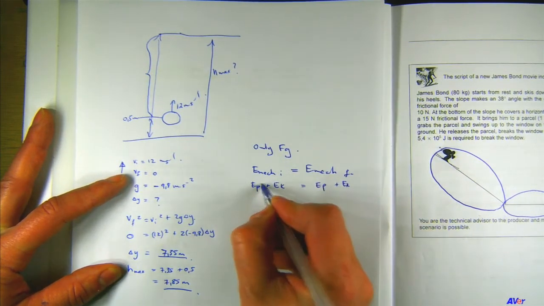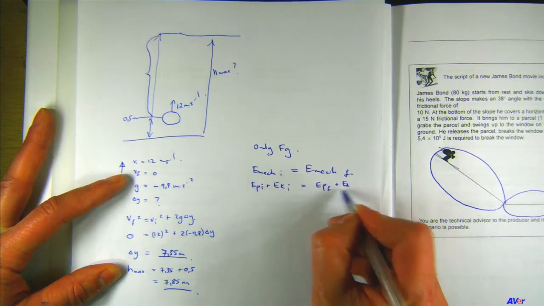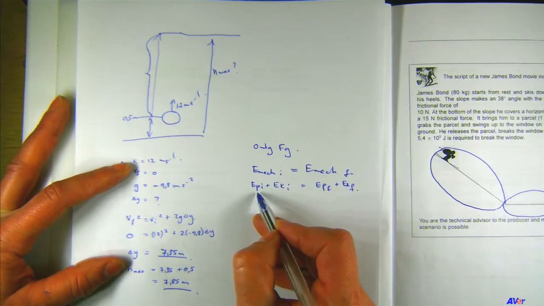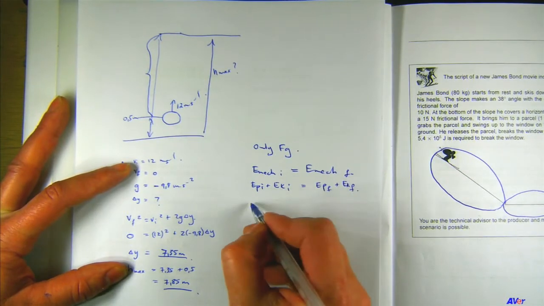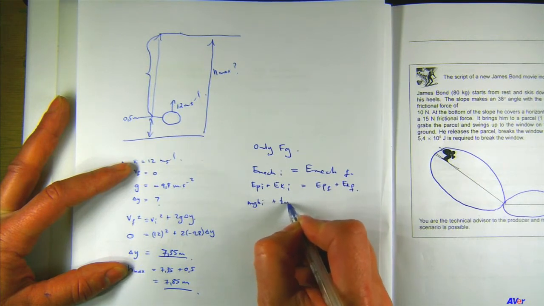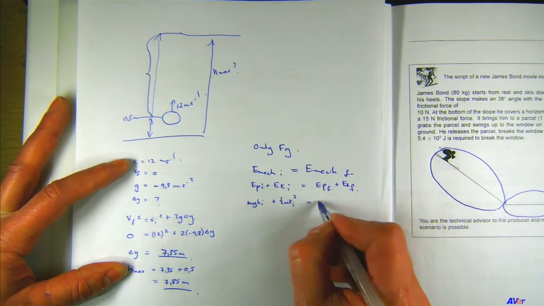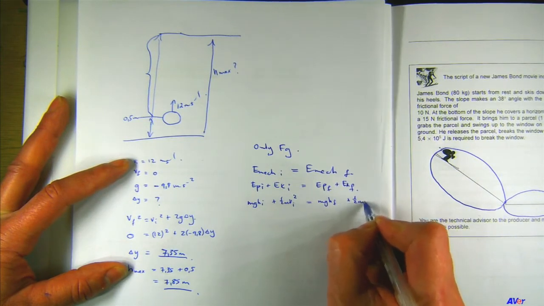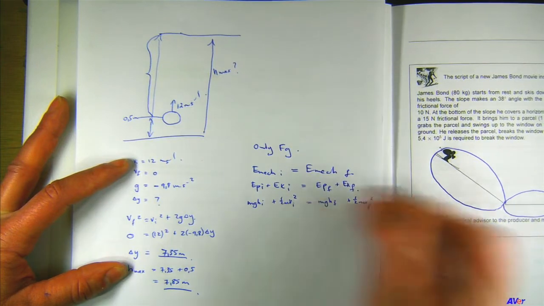This side was for initial, that side was for final. Give me an equation for potential energy. Yes, mgh plus half mv squared, all for initial. mgh plus half mv squared, all for final.